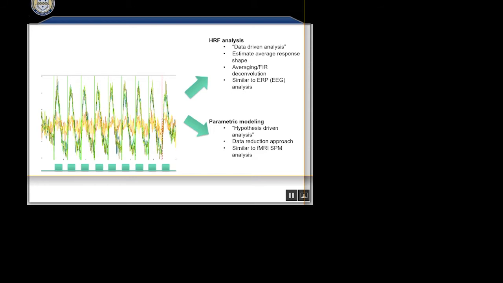Of course, not all data looks as beautiful as this, because you can obviously do your stats by eye here. Now the goal is to do some sort of statistical analysis. I want to know what channels statistically changed during these task periods compared to these rest periods.